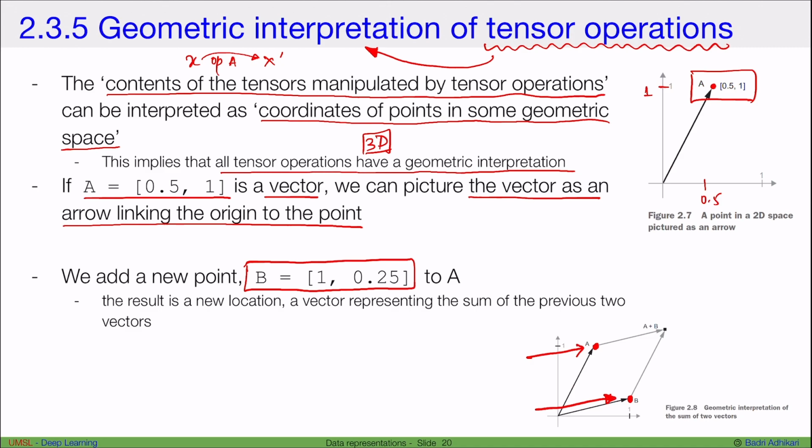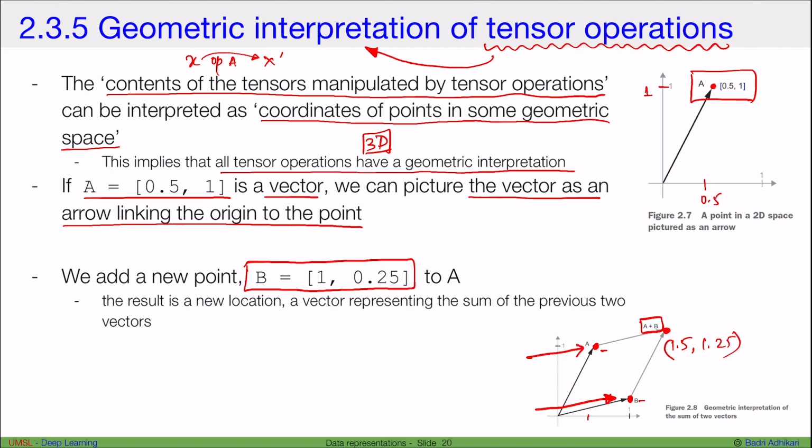So if I add b to a, that is, if I want to calculate a plus b, the sum will be, on the x-axis, a already had 0.5 and b had 1, so 1 plus 0.5 gives 1.5, and on the y-axis, a had 1 and b has 0.25, so this becomes 1.25.